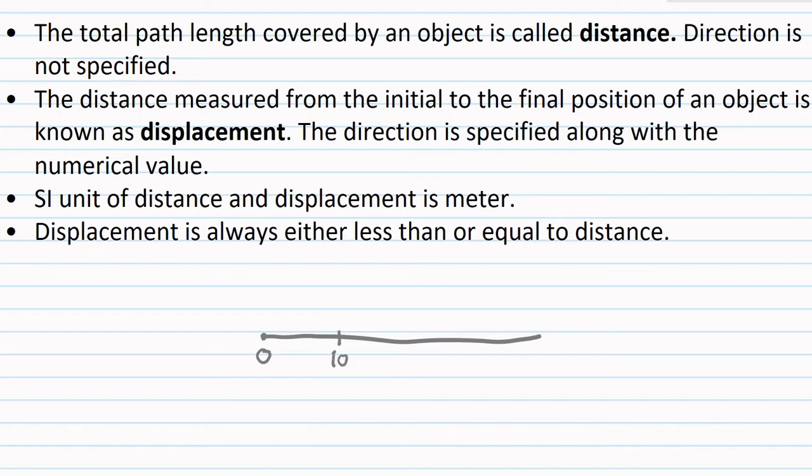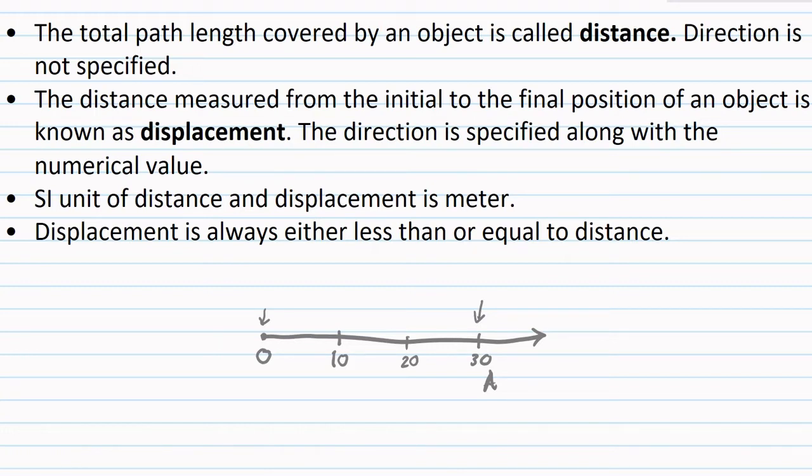This is 10 meters. This is 20 meters and this is 30 meters. Now, if an object starts at the origin and it travels till this point, let's say A, then the distance traveled by it is 30 meters.